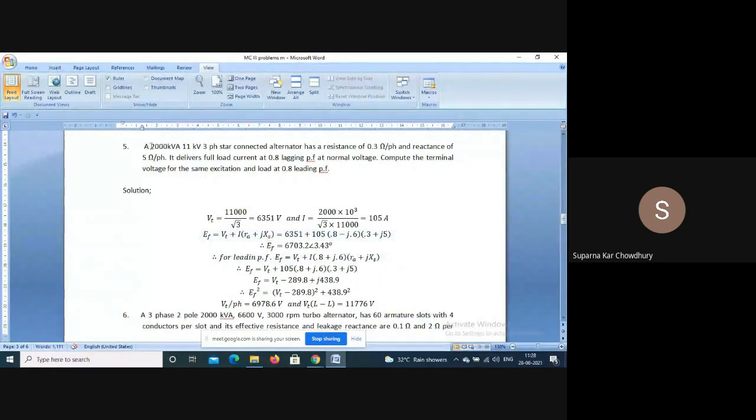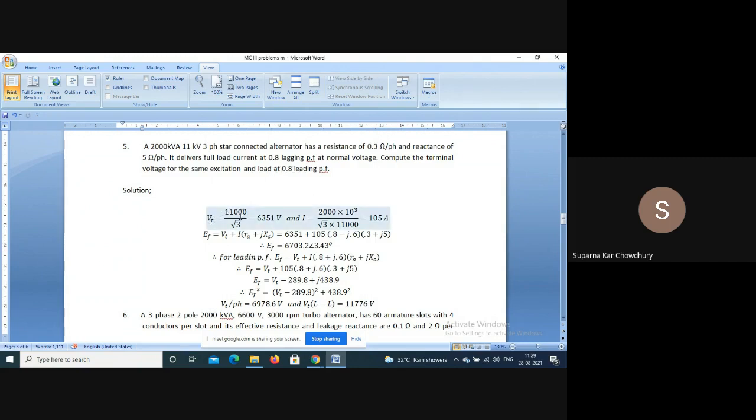Next one is a 2000 kVA, 11 kV, 3-phase star connected alternator that has a resistance of 0.3 ohm per phase and reactance of 5 ohm per phase. It delivers full load current at 0.8 lagging power factor at normal voltage. Compute the terminal voltage for the same excitation and load at 0.8 leading power factor.